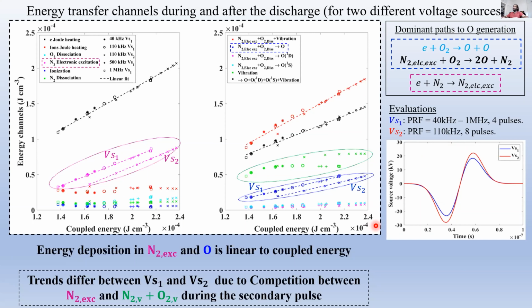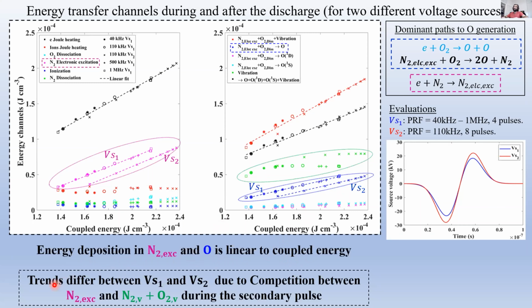When you plot those energy channels, the energy channeled to electronically excited nitrogen, which you can see here in purple, and eventually the energy that was deposited in the generation of oxygen radicals, against coupled energy, you can see that the energy deposition in those channels is linearly dependent on the coupled energy, which is quite interesting.